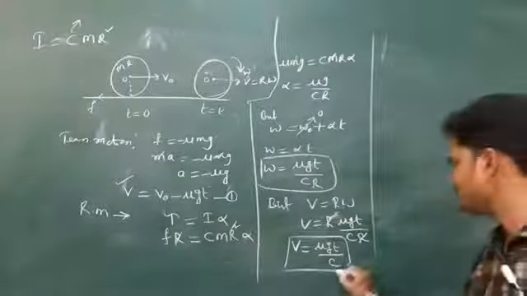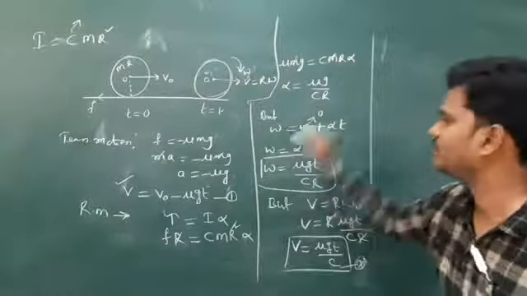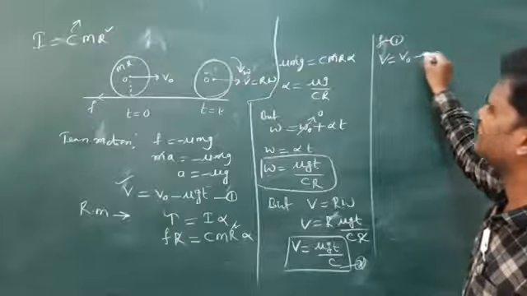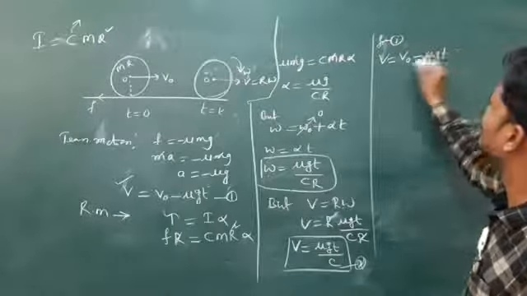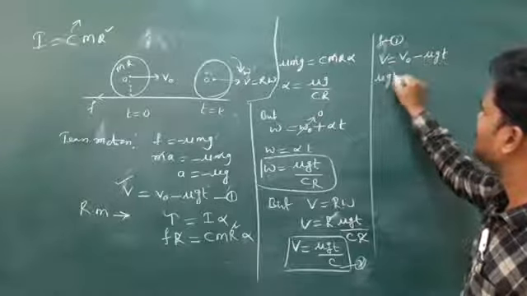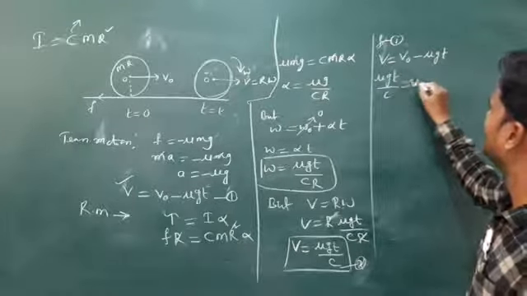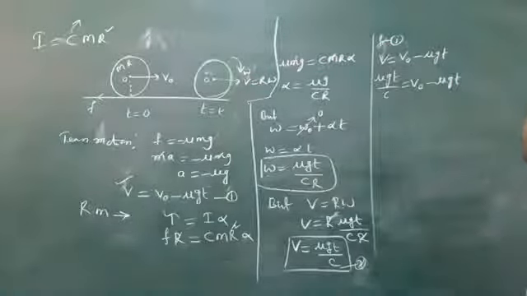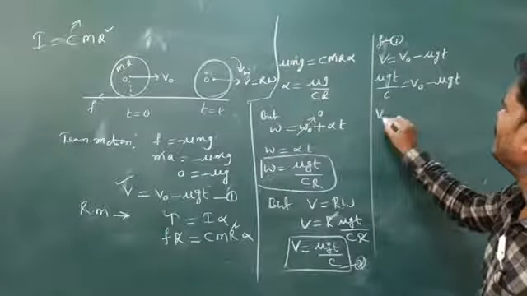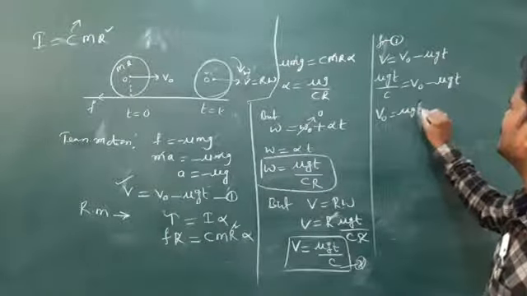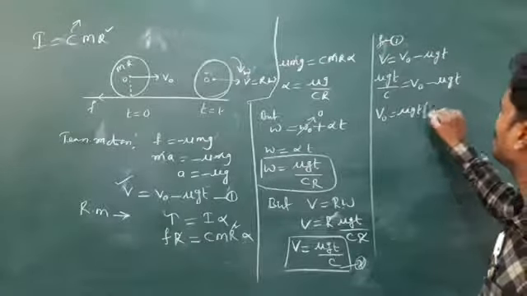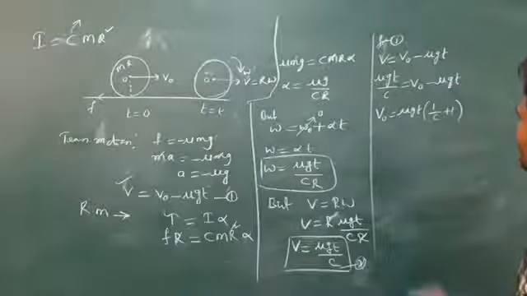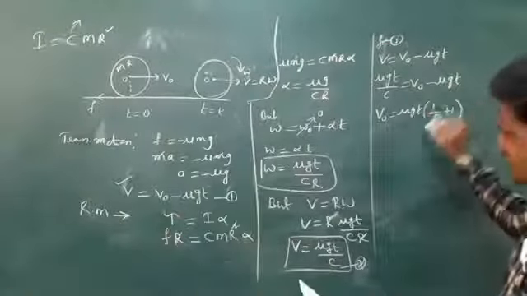So better to substitute this second equation in 1. From 1, v is equal to v naught minus μgt. Substitute the v value, μgt/c, so v naught is equivalent to, if I take μgt common, (1/c + 1), and so this is (c+1)/c.